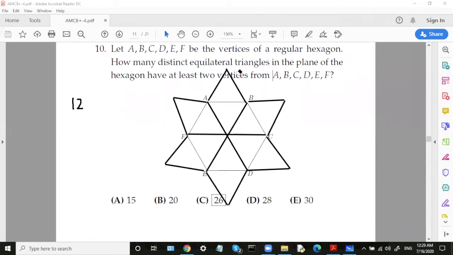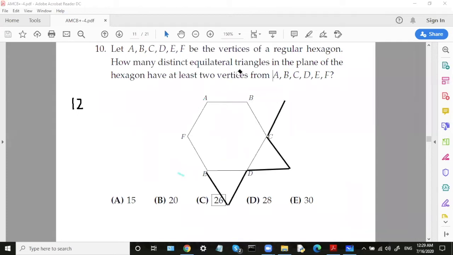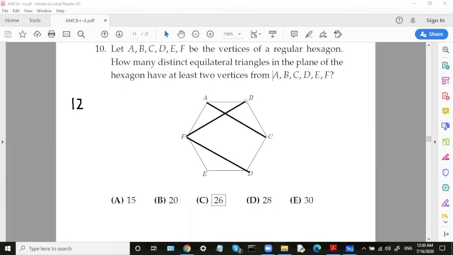So the next step, we connect vertices like AC, BF, and FD, BD, AE, and EC.